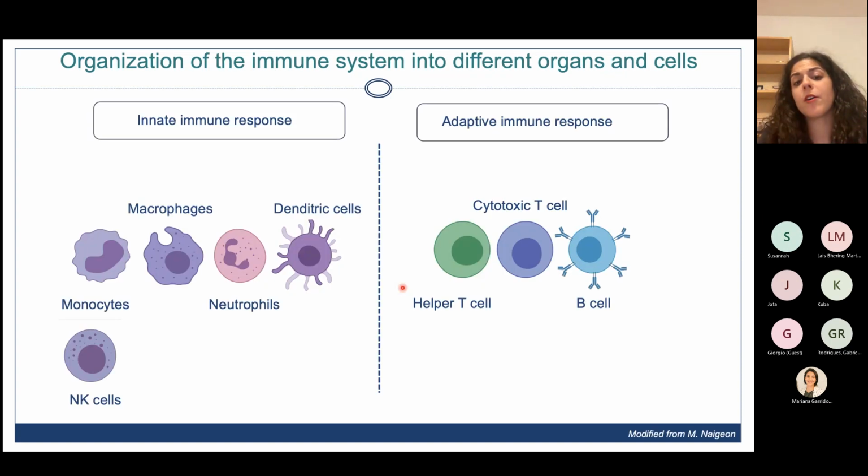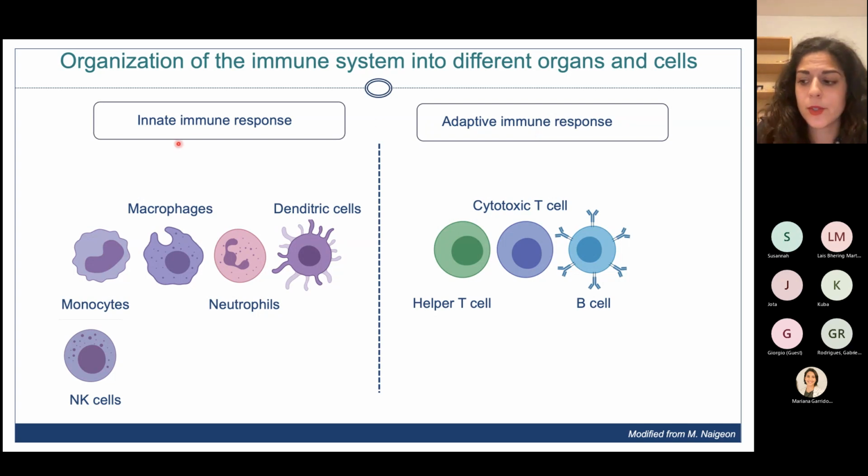And within each of these organs, you have various cells that have a specific function. Basically, you can distinguish them between 2 groups: the cells that work as an innate immune response, and the cells that trigger the adaptive immune response.